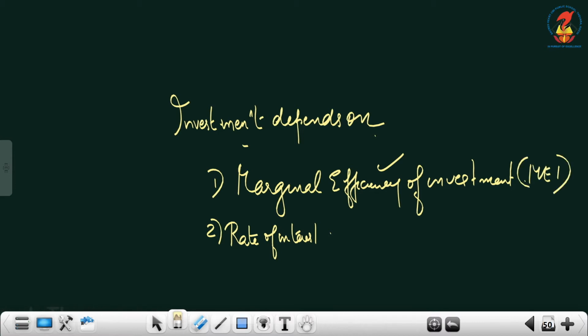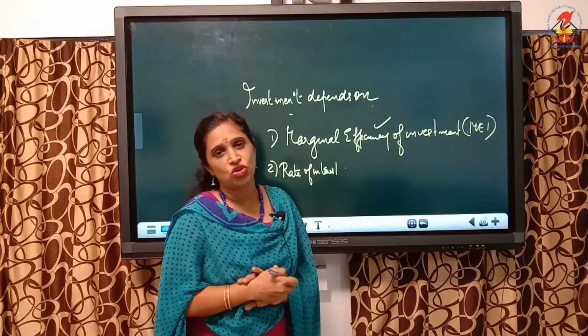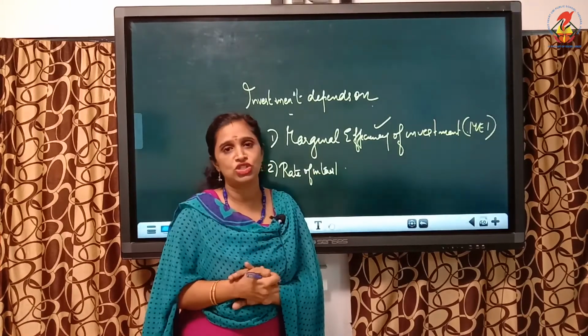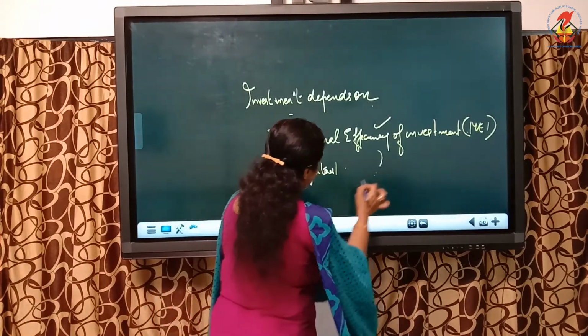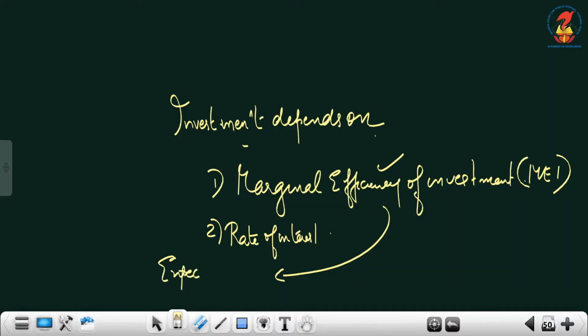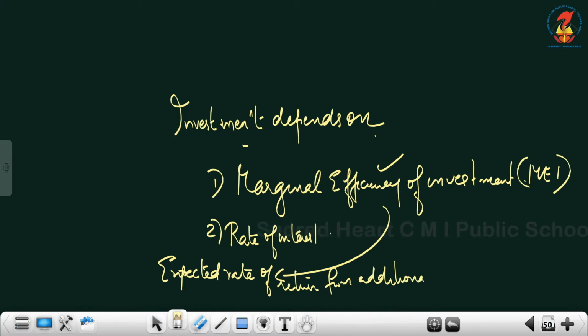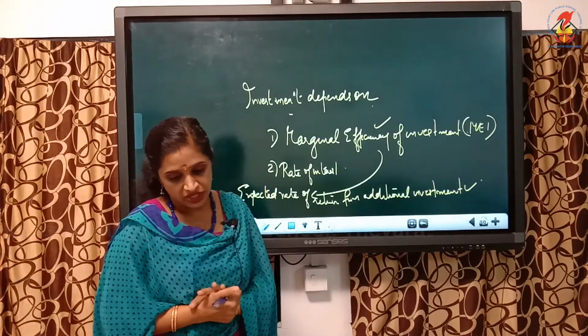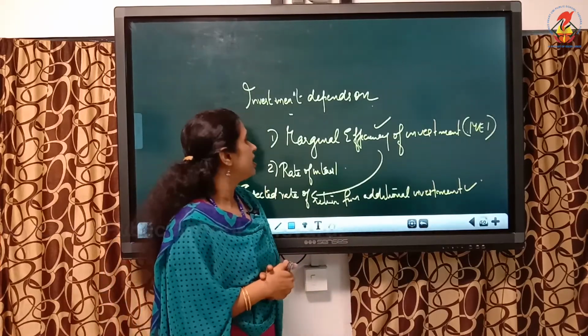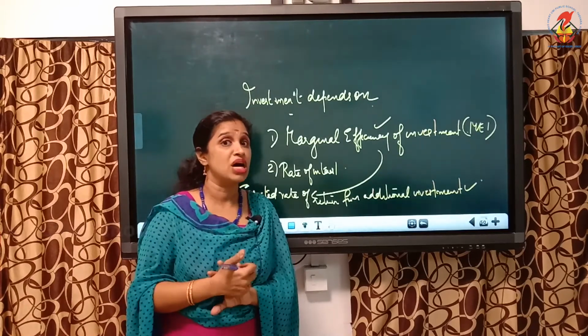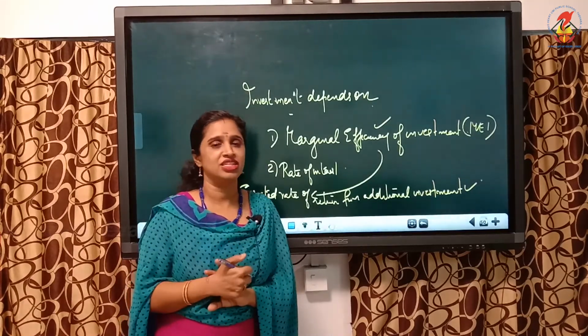MEI refers to the expected rate of return from an additional unit of investment. So it is the expected rate of return from the additional investment. When we use the word marginal, additional is the term that we apply.